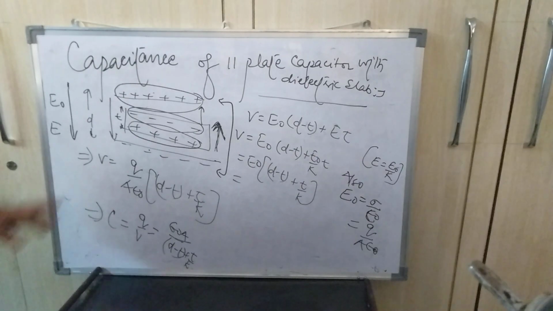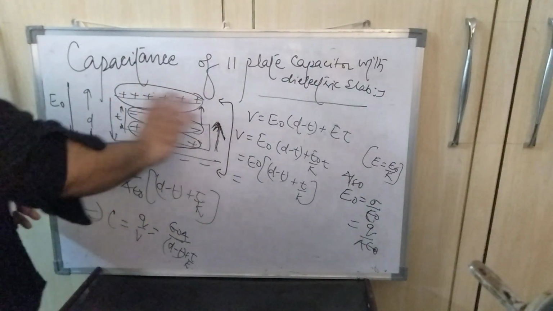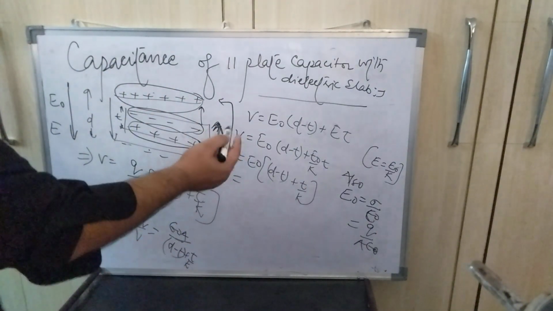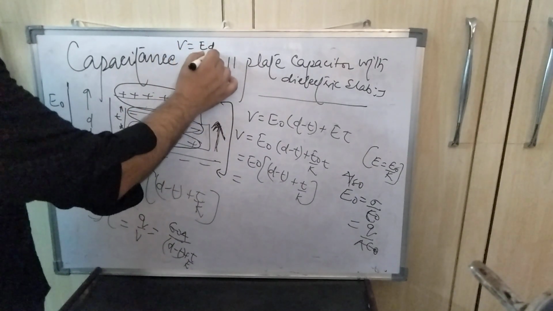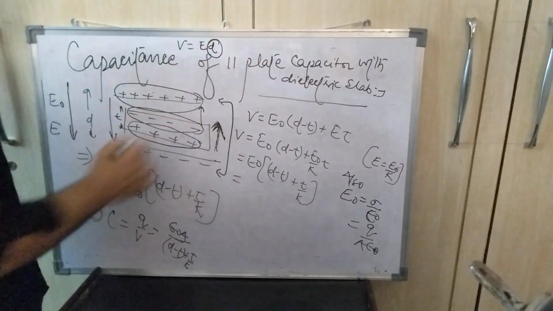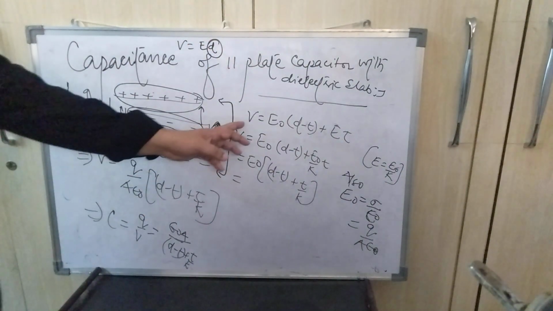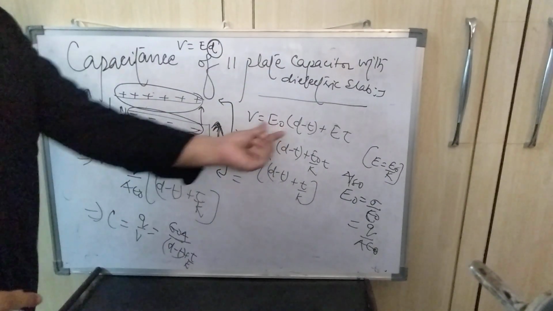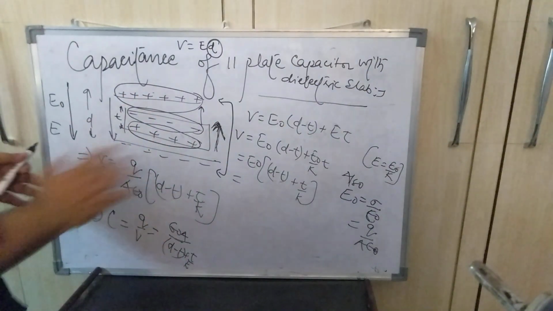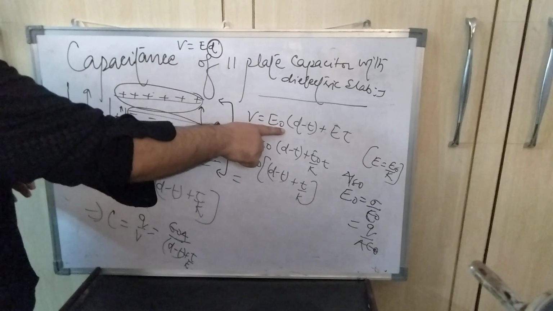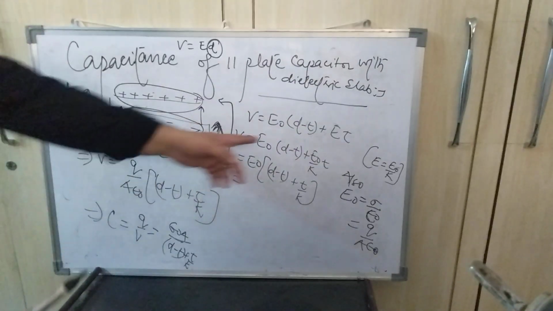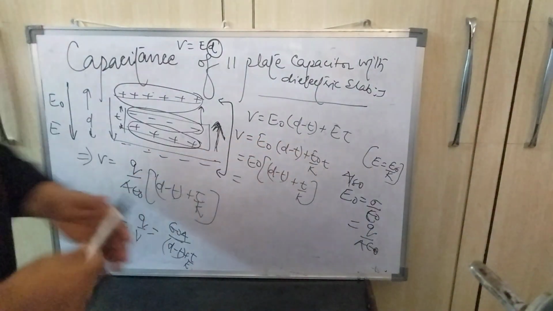Now, what should be the overall voltage between them? The voltage is E into d, where d is the distance between the plates. For free space, when there is no slab at all, the electric field will be E naught. And what should be the distance between the plates?